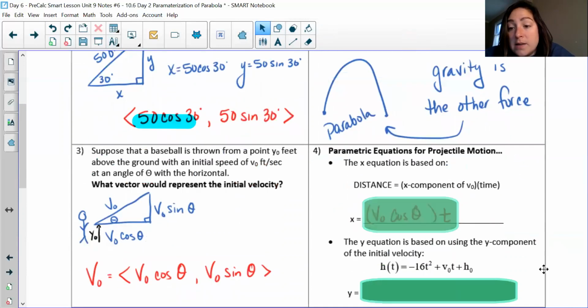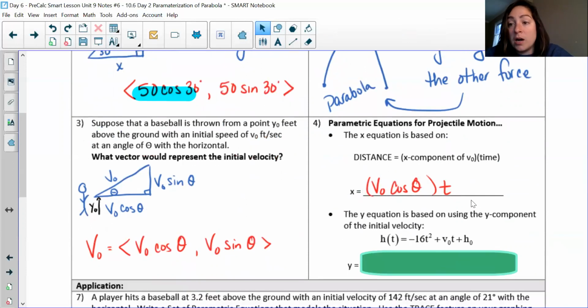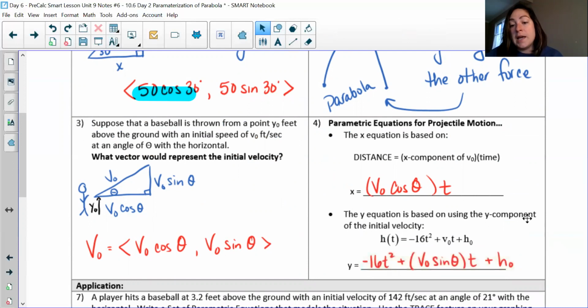So x is going to be v initial cosine theta times t, because again, change horizontally over time. And our height equation, our y equation, is going to be negative 16t squared plus v initial sine theta times t plus h initial.